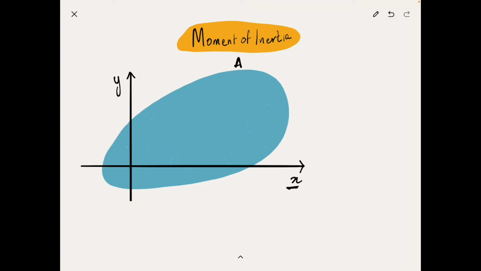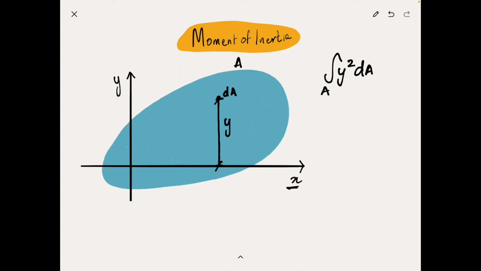Now the idea is that if I consider an infinitesimal area dA from the entire cross section at a distance y from my reference axis, then the area moment of inertia is the total sum of all the resistance provided by all the infinitesimally small areas dA throughout the cross section. This can be simply done by integrating y squared over dA, or rather over the entire cross section.